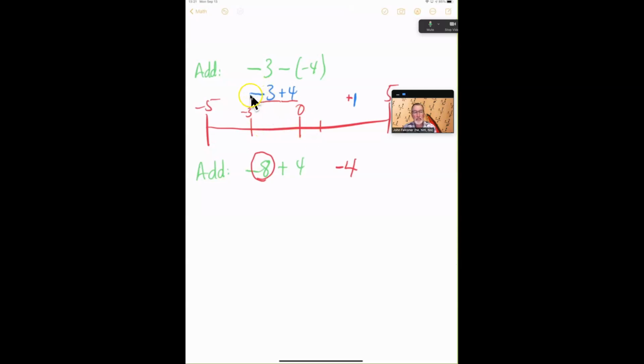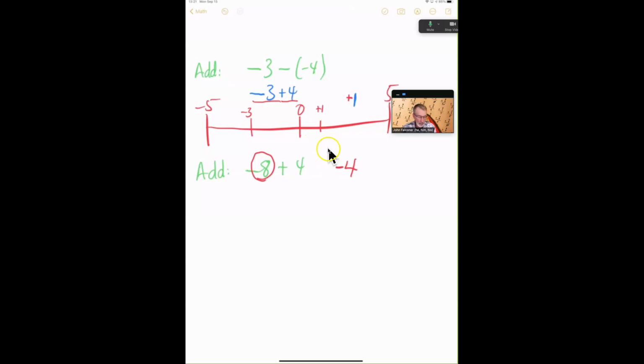The other way to look at this is say -3. We're starting at -3, and we're adding 4. We're going to go ahead. So it's -3, -2, -1, 0, +1. So either way, we're going to end up at +1.